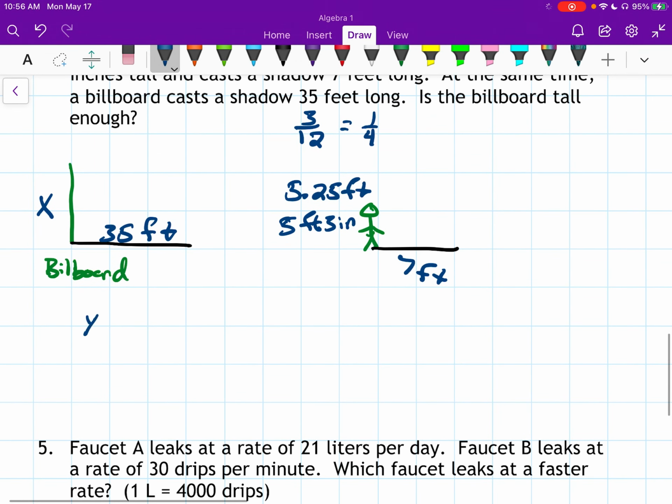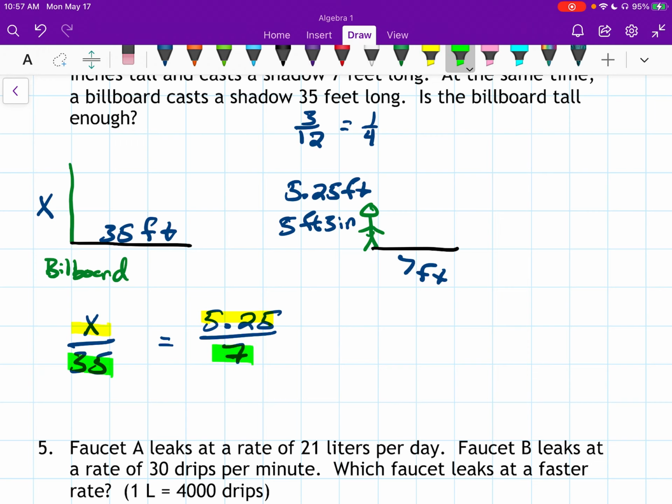So here we have X over 35, right? That's the billboard. We want to put that equal to her. She is 5.25 over 7, right? On top, we have the heights of them, how tall the billboard and how tall the person. And then on bottom, we have how tall their shadow is.